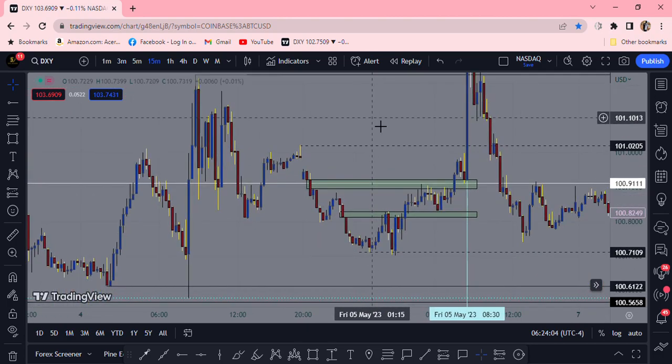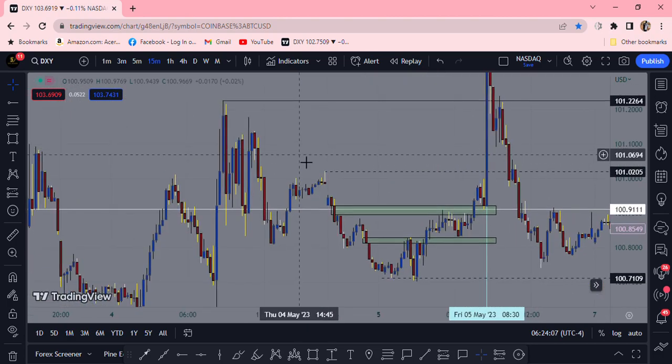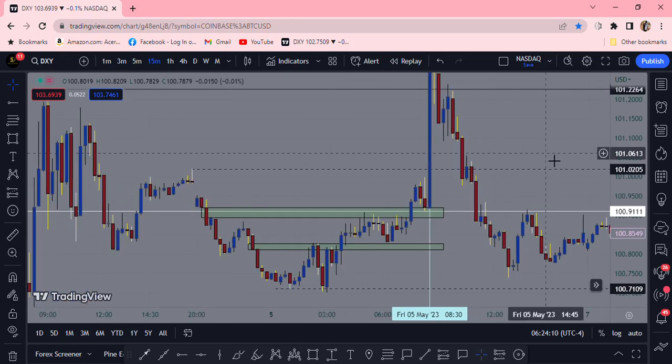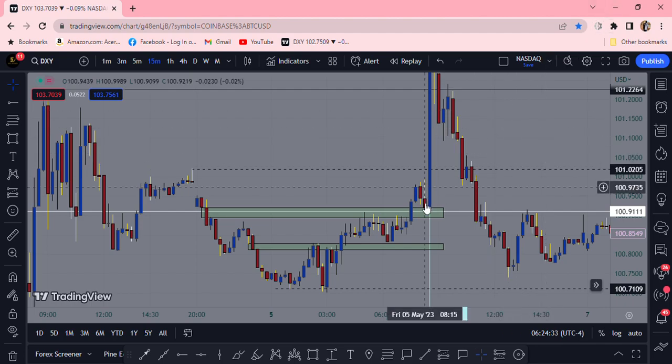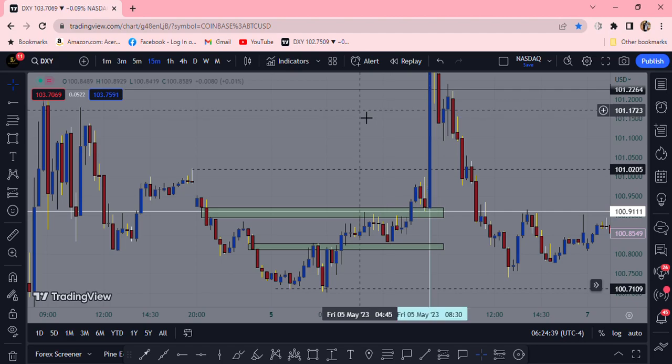I want to tell you guys that when you're trading with the DXY, we look for the forex pairs that are correlated to the DXY. For example, the Euro USD pair is negatively correlated to the DXY. As I predicted here for the DXY to go bullish, what happens when the DXY goes up? The currency pair goes down, and vice versa. It's that simple.